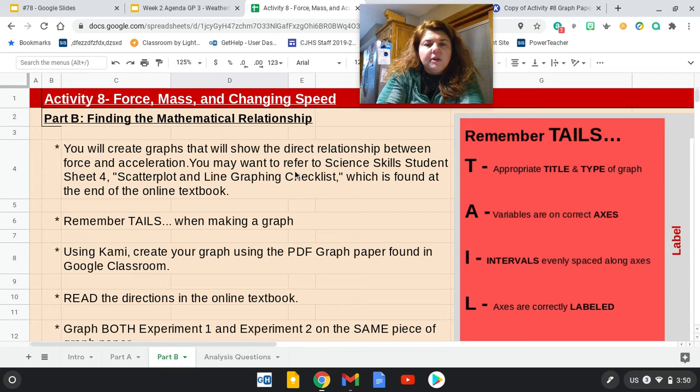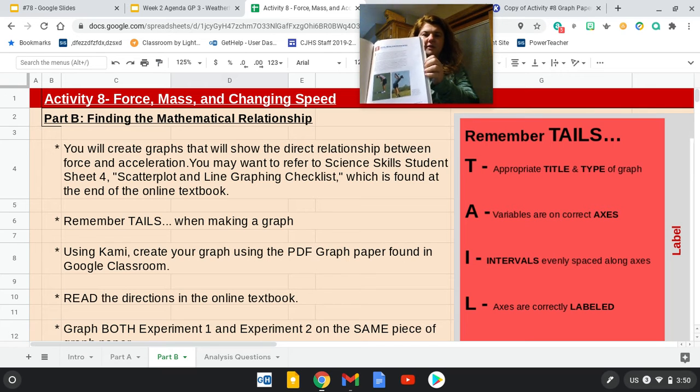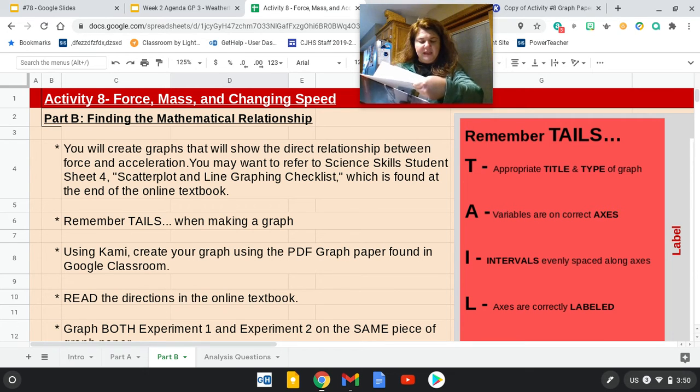And it says that you may want to refer to the science skills student sheet 4, scatter plot and line graphing checklist, which is found at the end of the online textbook. So if you have the actual paper textbook, it's on page 88.